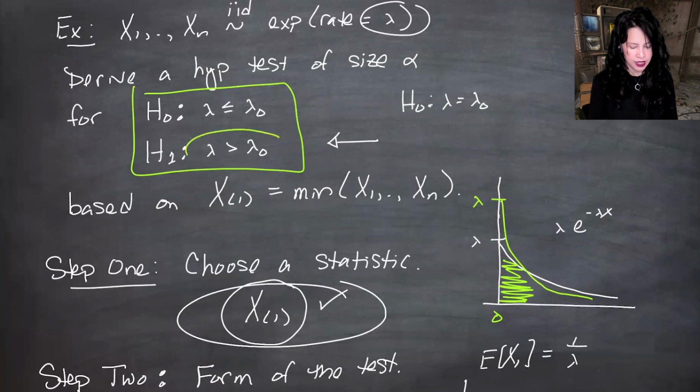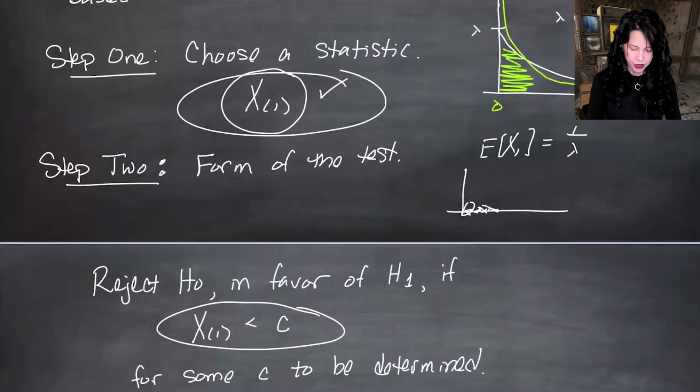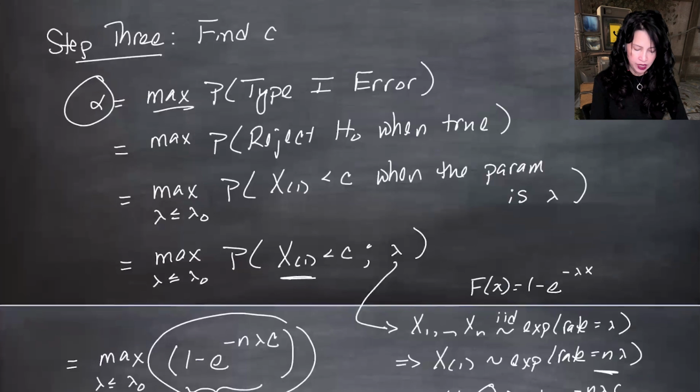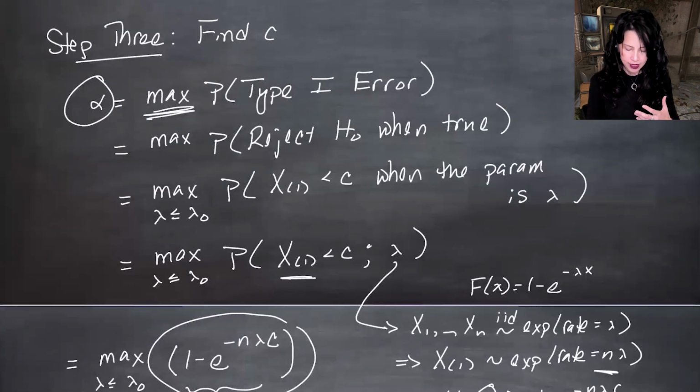So the alternative gave us the kind of direction or form of the test, and the composite null hypothesis changed how we compute alpha by a little bit. Remember, you can use this max definition no matter what.